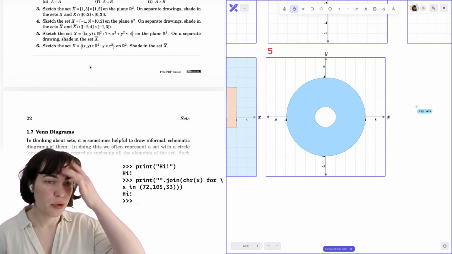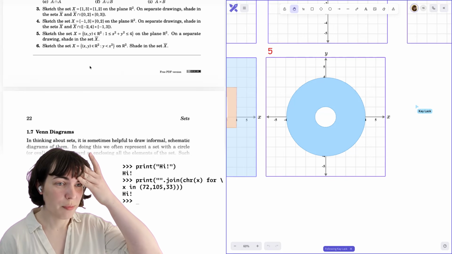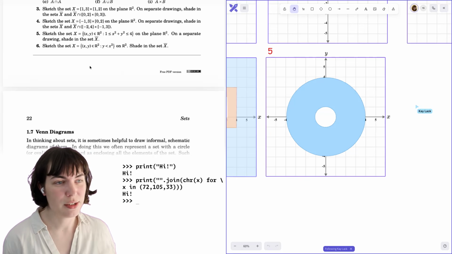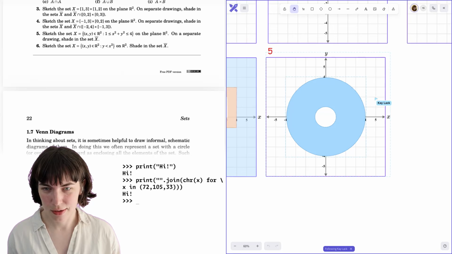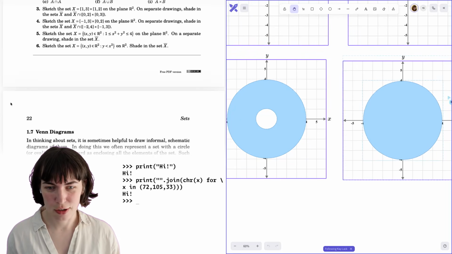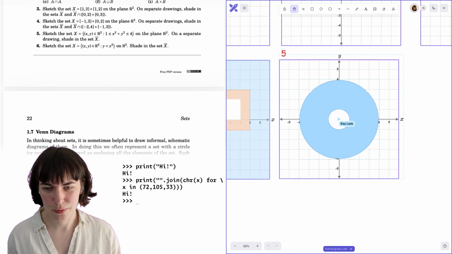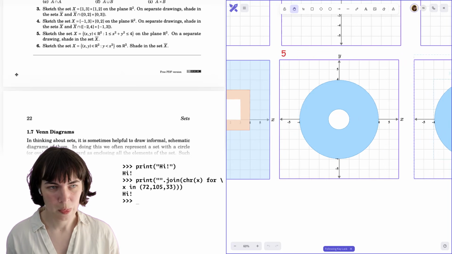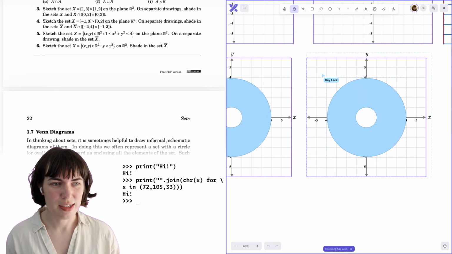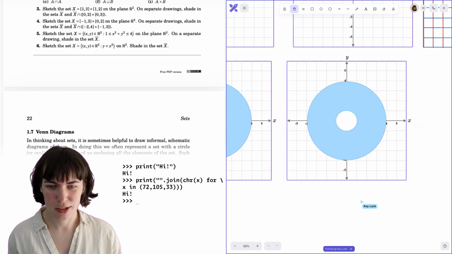Okay, so we're on 5, the circle one. We've drawn it based on a guess that it looks like that. I'm reasonably sure it looks like that. Then we're supposed to shade in the set X bar, which is like the opposite.